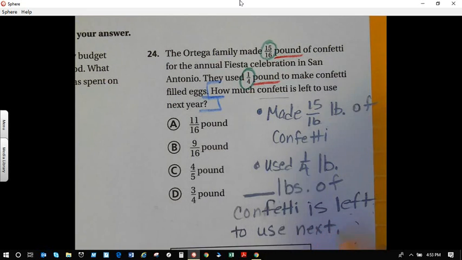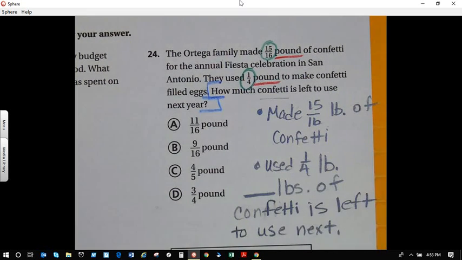You could also phrase it as they have blank pounds of confetti to use. That's another way. I was trying to think. My head was going 100 miles an hour.